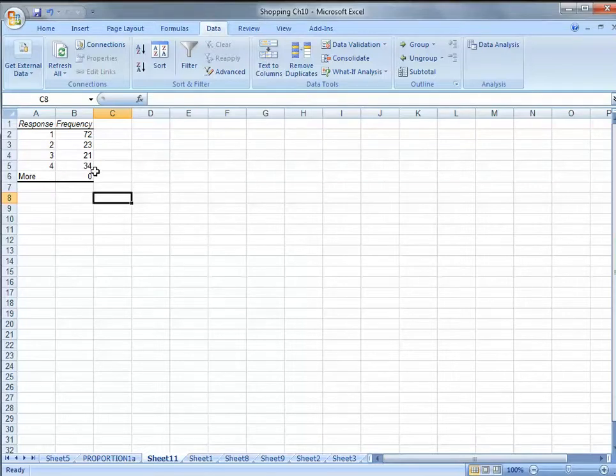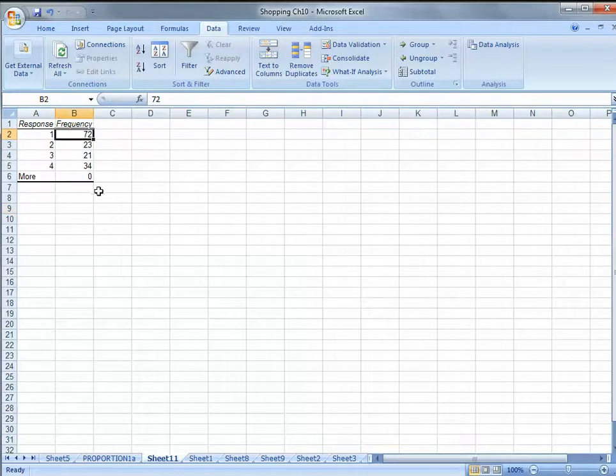Now, in order to get these stats to work right, we're not going to divide by the total number of responses, 150. We need to get a proportion based on only those people who voted for 1, 2, or 3, one of the malls.